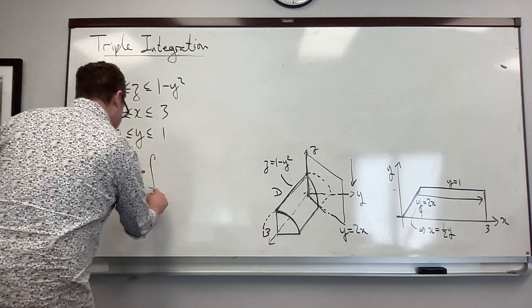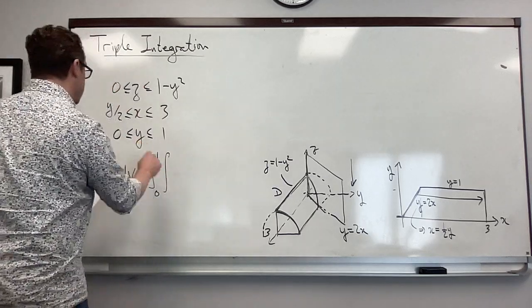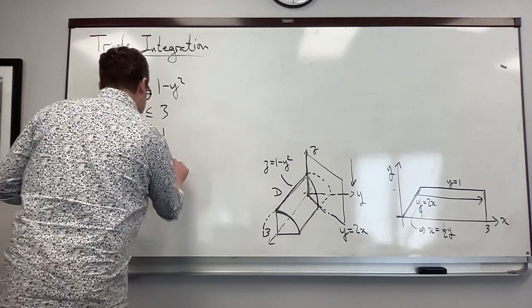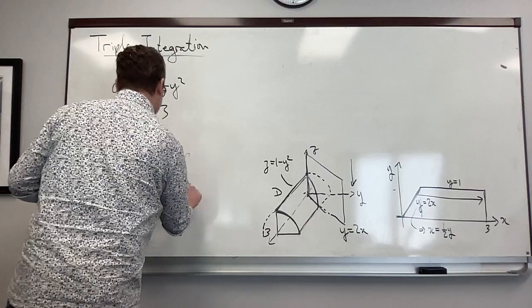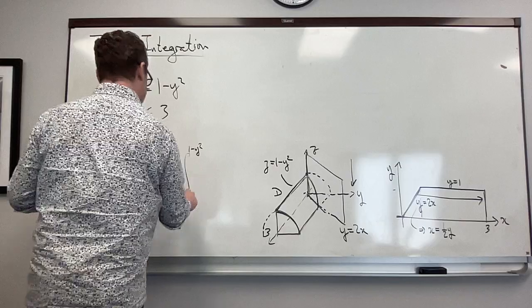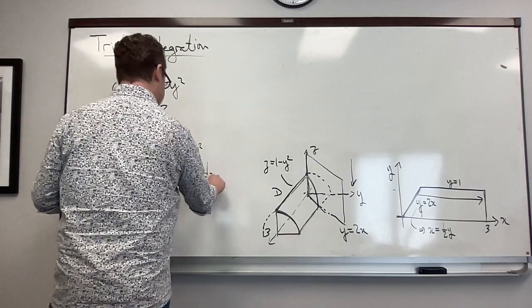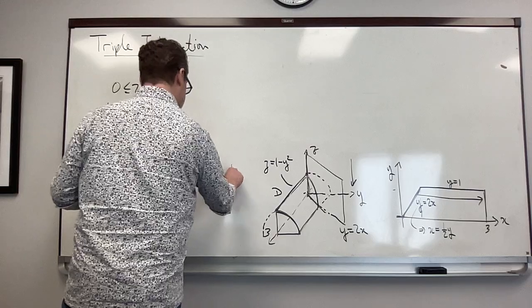The outermost is the last one: 0 to 1 is dy. Then x goes from y over 2 to 3, then z from 0 to 1 minus y squared, with integrand 1. The order is dz, dx, dy.